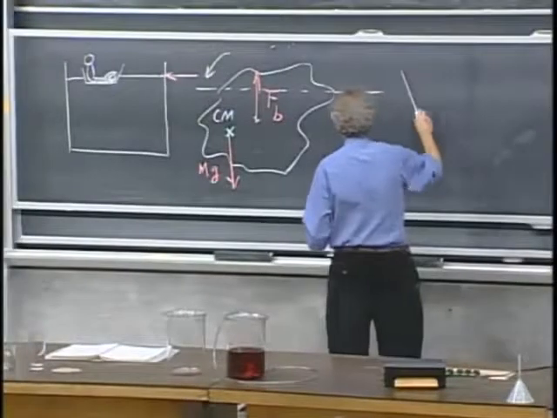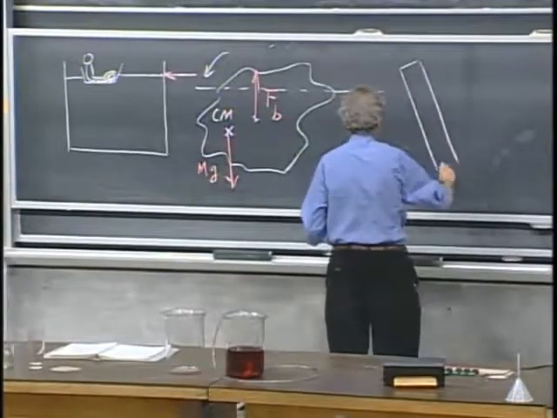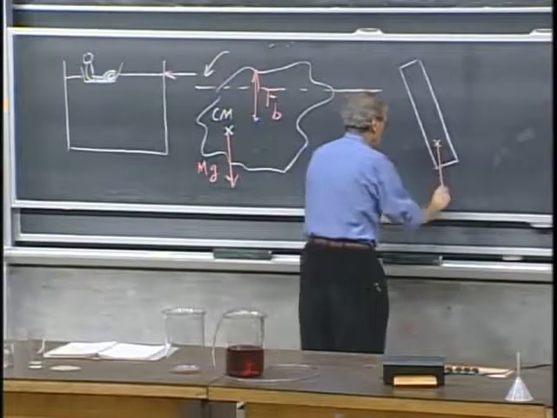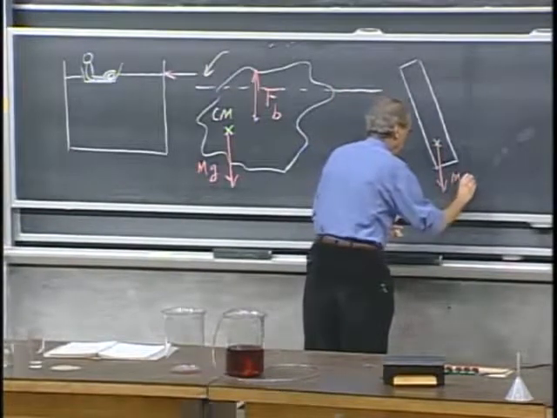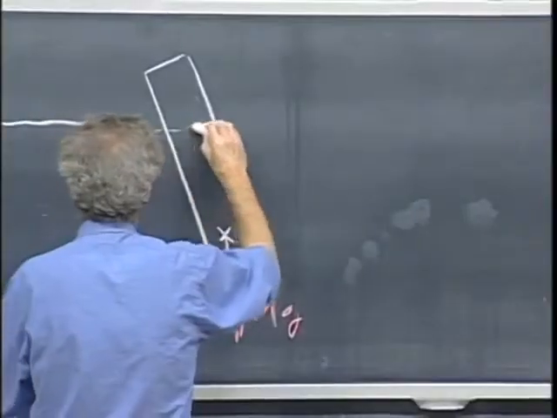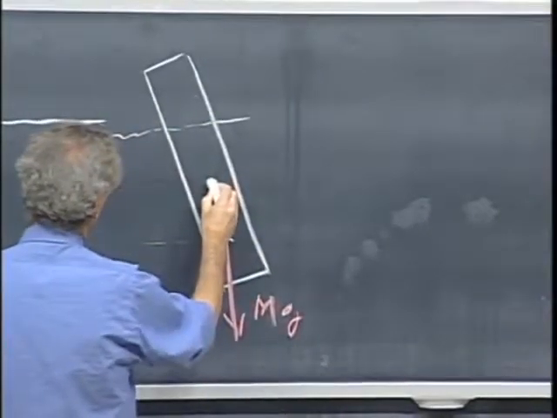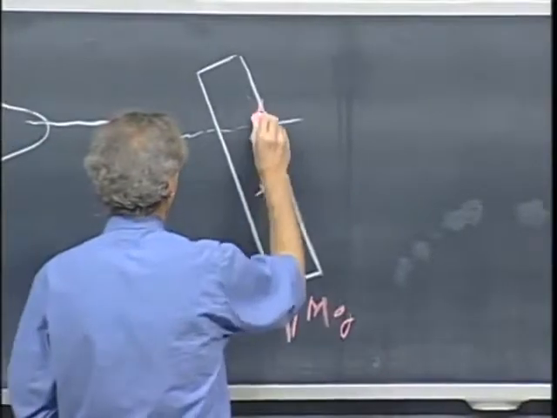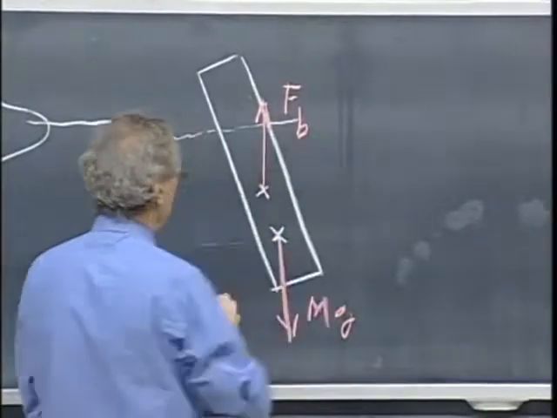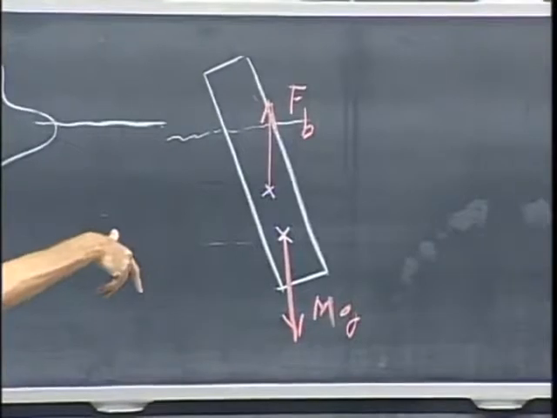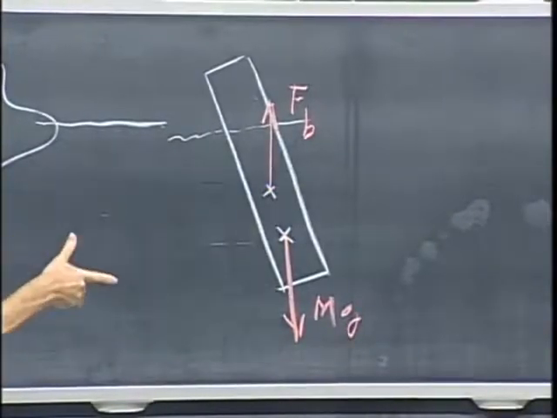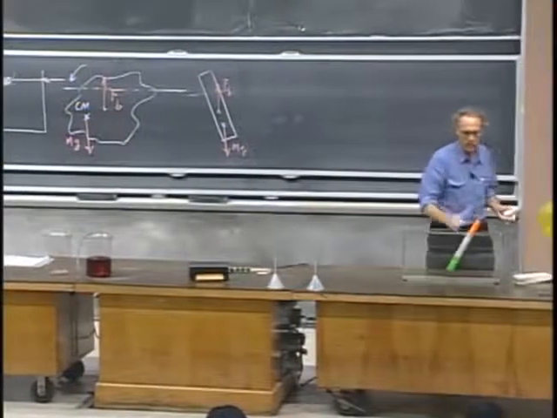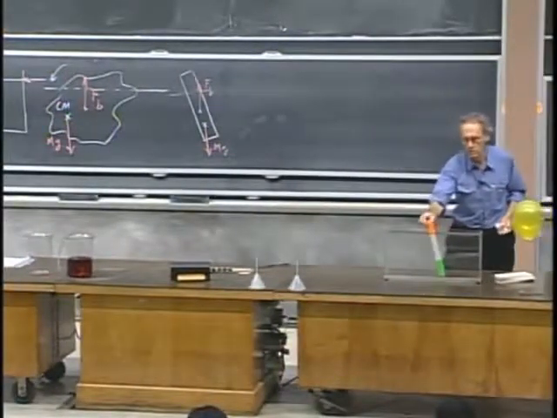If I took this object and I tilt it a little with the center of mass very low, so here is mg, and here is somewhere the waterline, so the center of mass of the displaced fluid is somewhere here, so Fb is here, the buoyant force. You can see what's going to happen. It's going to rotate towards the right. It's a restoring torque, and so it's completely stable. I can wobble it back and forth, and it is stable.